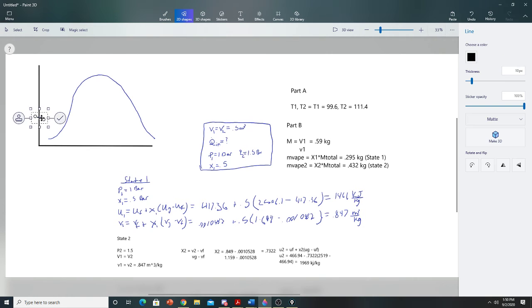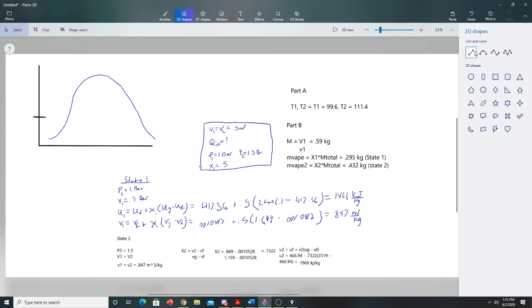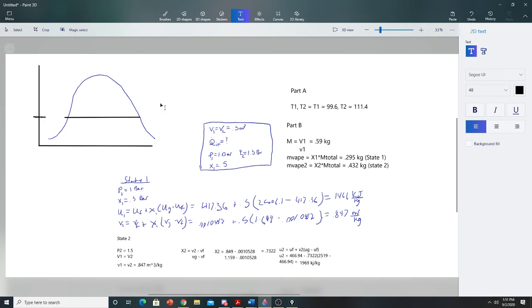Our first temperature line is going to be right there, which is our T-sat of our first one. Let me draw that across as well. Our temperature is 99.6, right? That was our first temperature.